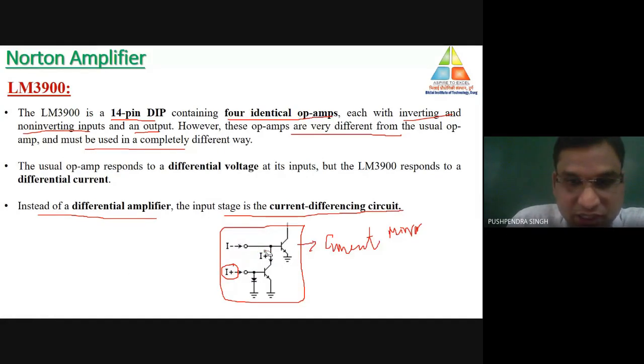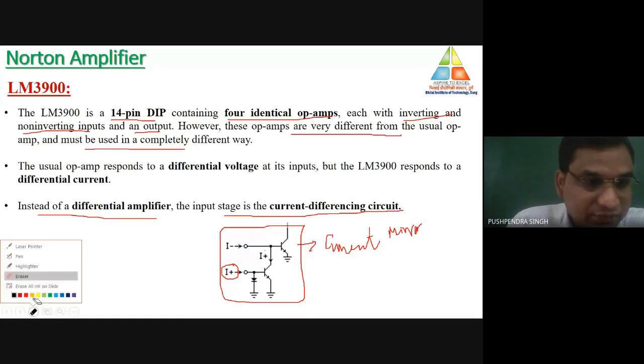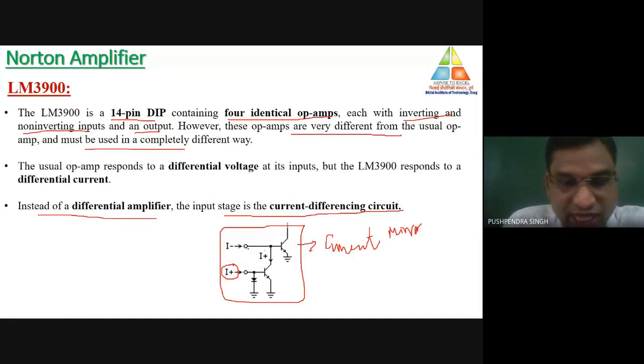Suppose I am not concentrating on this I plus right now. At the output terminal of the Norton's amplifier, you are able to see only these terminals. This is the inverting terminal and this one is the non-inverting terminal. I minus is the input current at the inverting terminal and I plus is at the non-inverting terminal, but inside this Norton's amplifier, this arrangement is a current mirroring circuit.